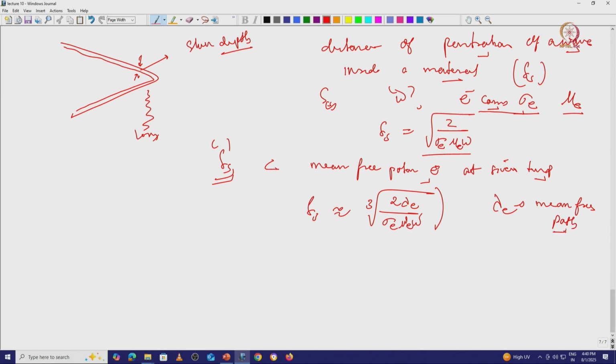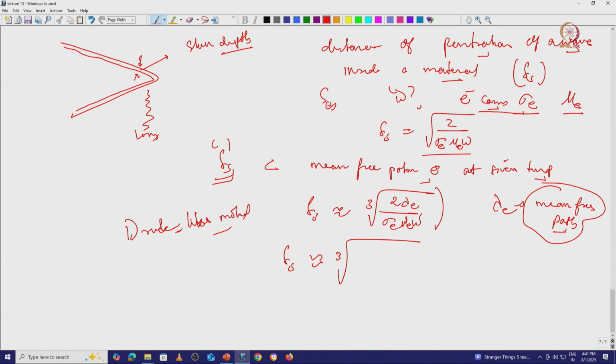Okay, so there is another model which is called the Drude-like model, which estimates that delta S can be estimated by using this mean free path value. You can estimate the mean free path as m e c squared divided by 2 pi e squared n e w.